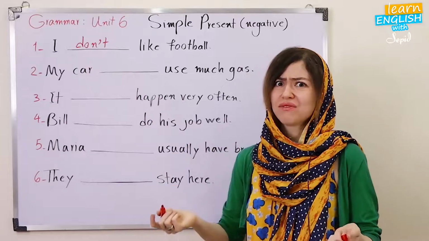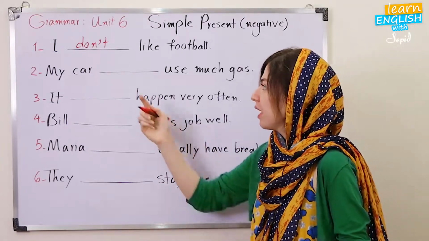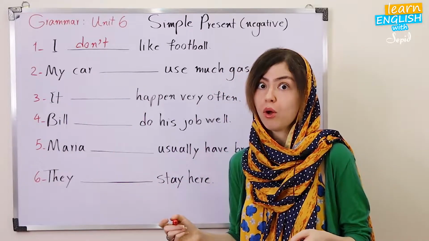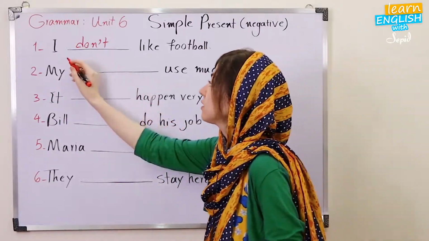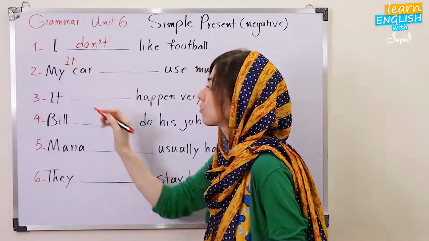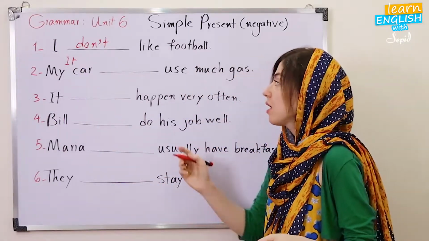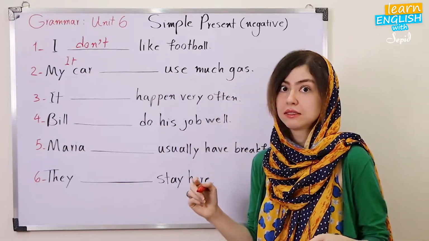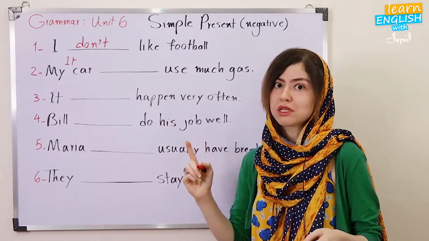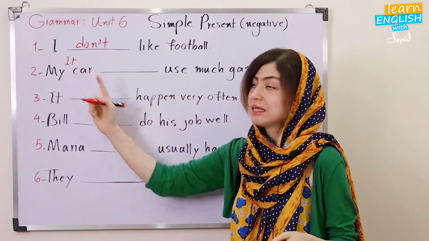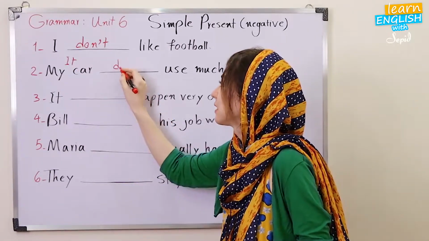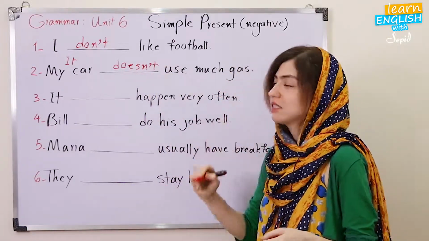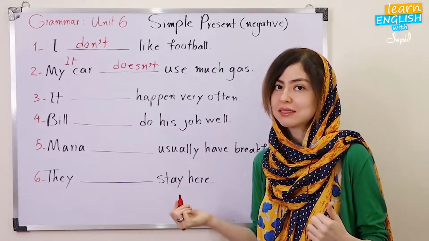I don't like football. Okay, so let's go. Number 2, my car. Okay, my car here is it. Remember. So, my car use much gas. So, don't or doesn't. Because it is it, we should say doesn't. My car doesn't use much gas.